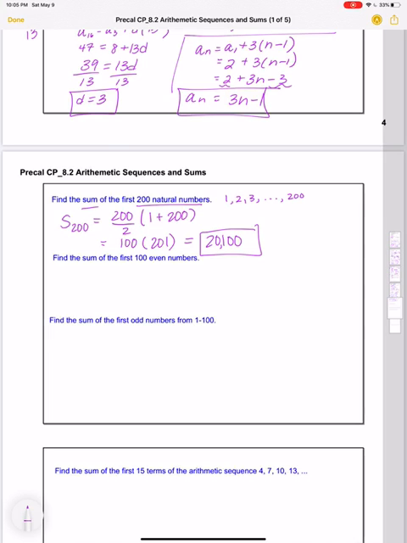Okay. Find the sum of the first 100 even numbers. So, do we start with 0? Or do we start with 2? 2, 4, 6, 8, and so on.